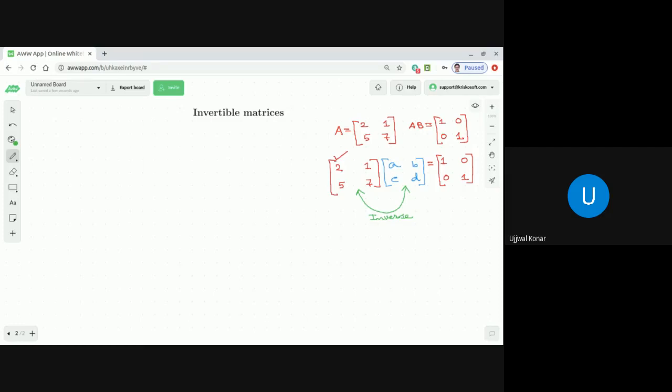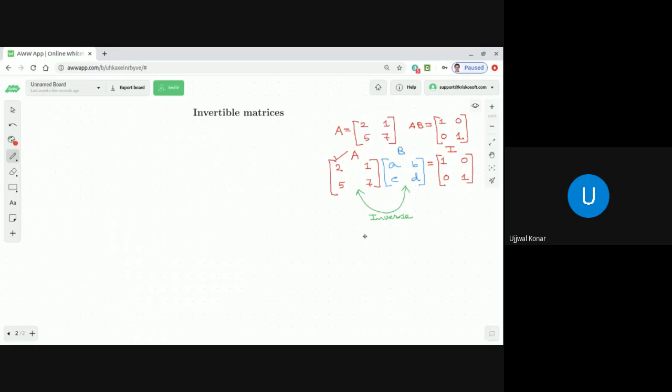Then, if we define this matrix as A, and corresponding to this A we get another matrix B, let me write it in the same color, such that the resultant matrix becomes an identity matrix, then the matrix B is known as the inverse of A and vice versa. That means A is known as the inverse of B.